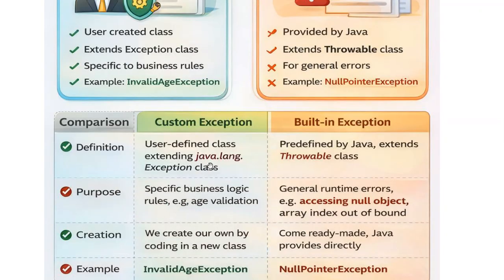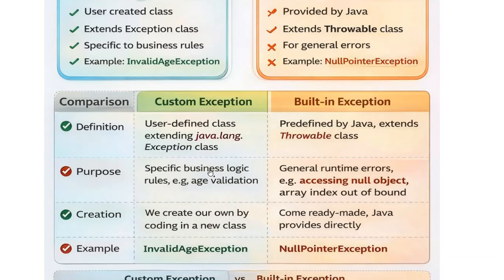The definition is a user-defined class extending the java.lang.Exception class. Built-in exceptions extend the Throwable class. The purpose is specific business logic, such as age validation and balance checking. These are custom exceptions, and they are not present in built-in.